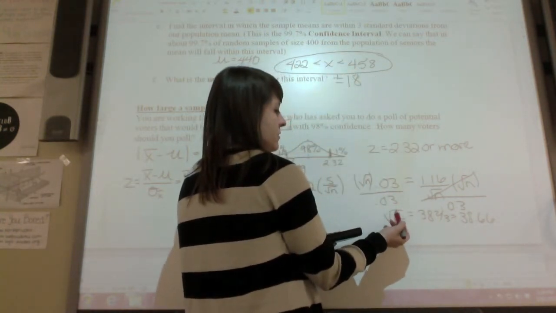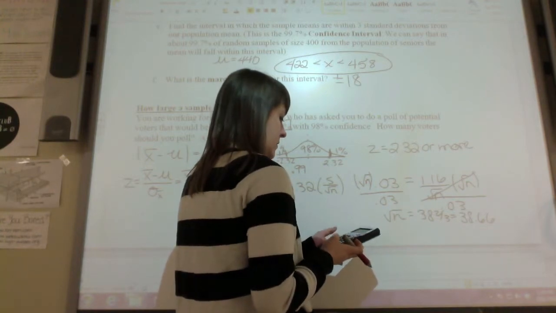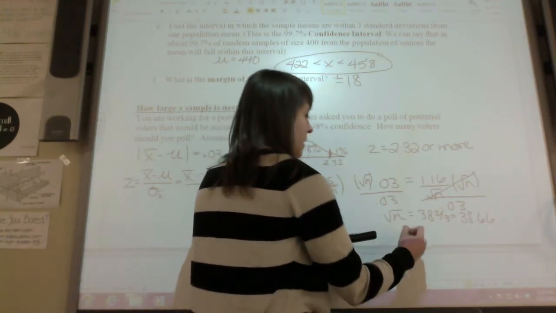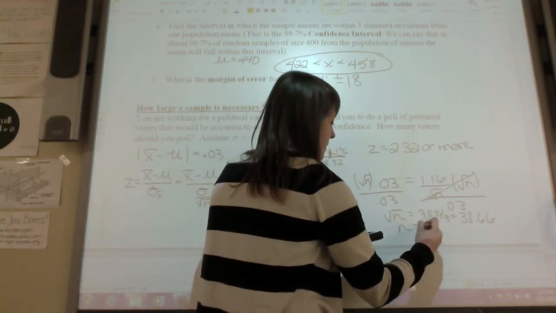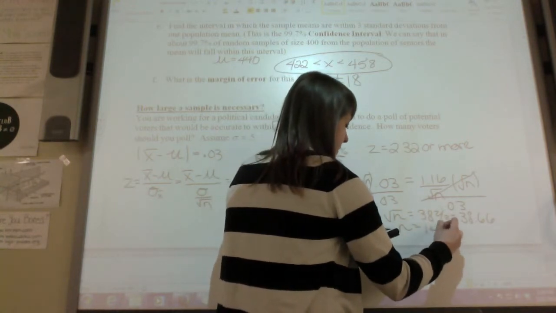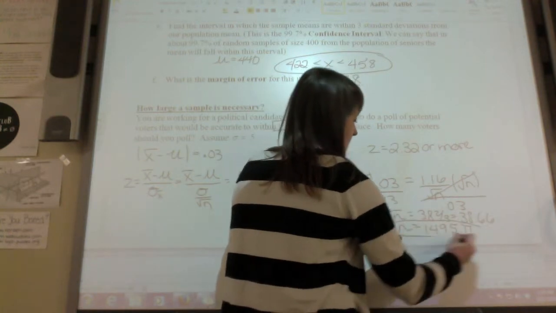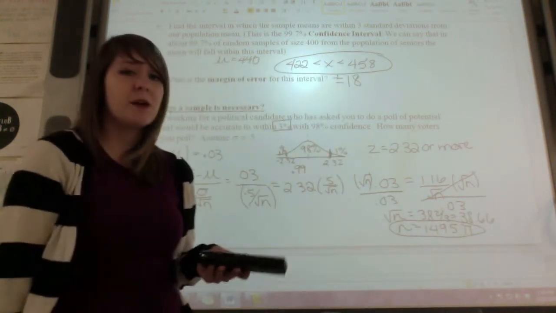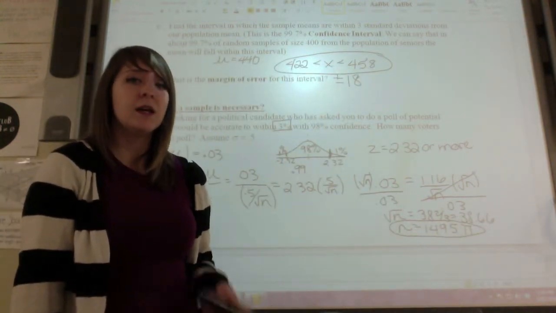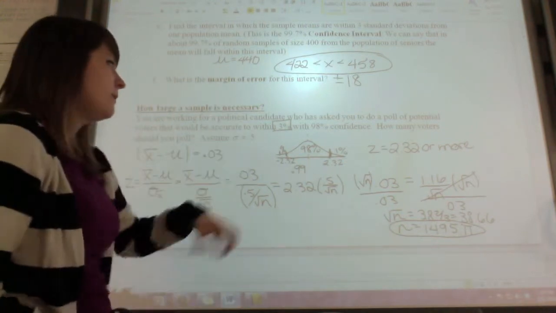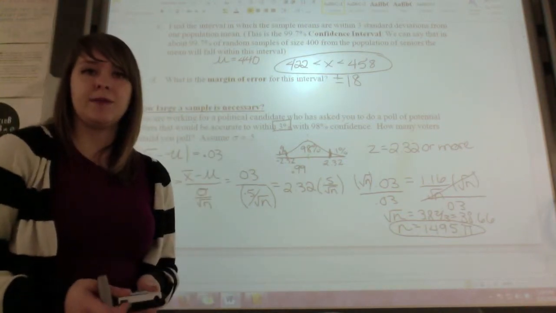So now I'm going to square that so that I can get n by itself, and that gives me n equals 1495.11 repeating. So that's how big of a sample size I need in order for all of this to remain true at the 98% confidence interval.